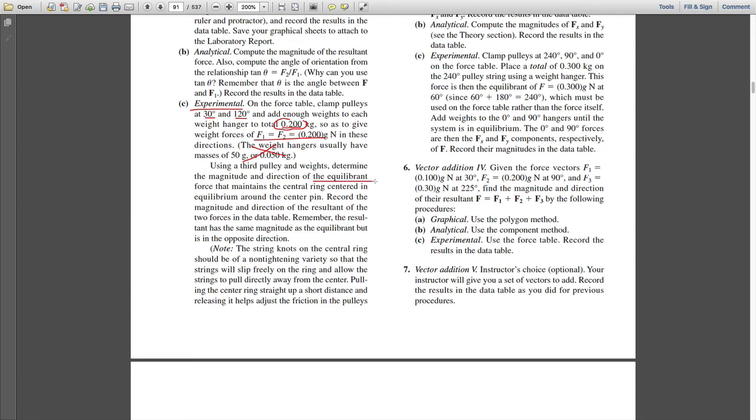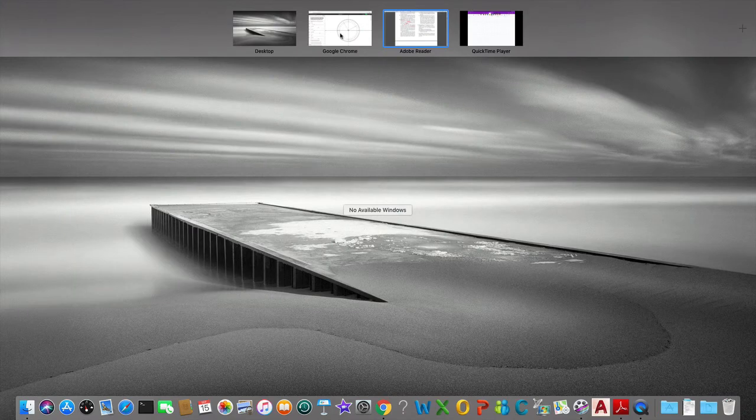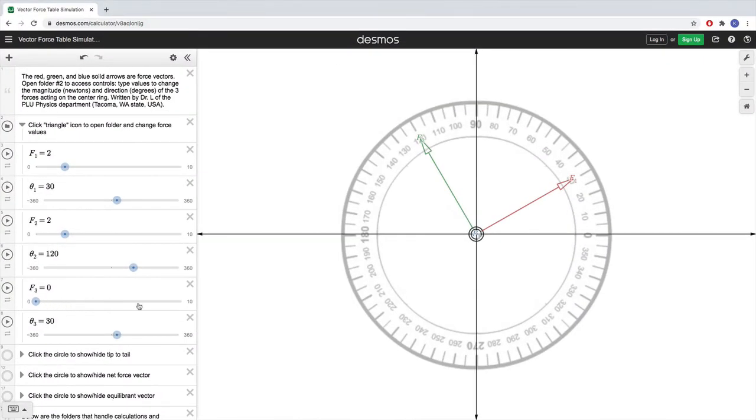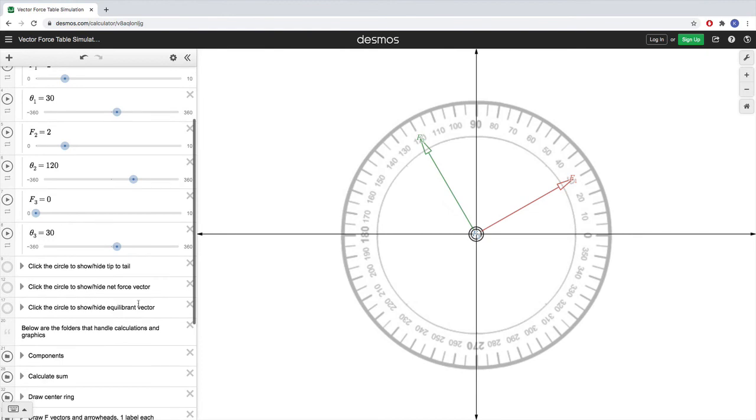It doesn't say the resultant, because you are finding the equilibrant. If you come and click here on number 17, click the circle to show or hide the equilibrant vector. If you click on the equilibrant, then the equilibrant is there for you, showing you literally.